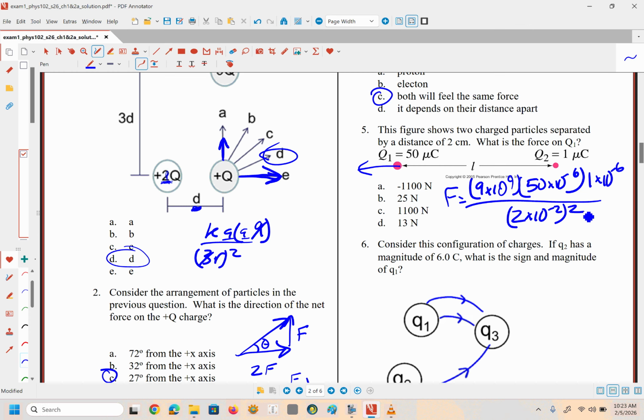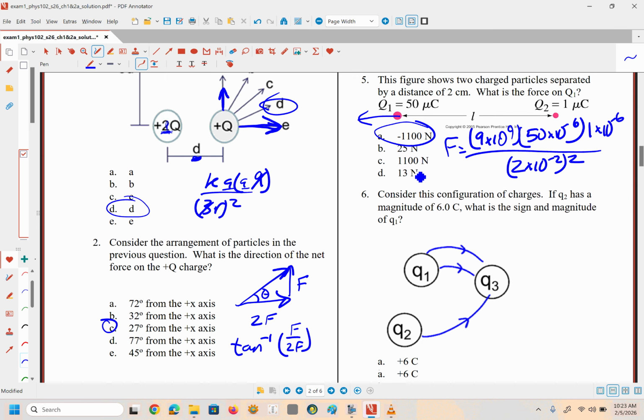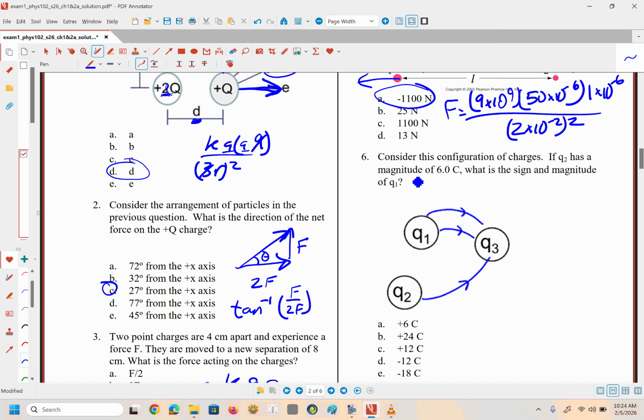And if you do that, you get 1100. Number 5, yes, A. Even if you got your metric prefixes wrong, you would have gotten a 1, 1. I know you might have forgotten the micro and the centi, or you shouldn't have. But even if you did, you should have still gotten the 11 part right, and then you would have realized that you just got the metric prefixes incorrect.